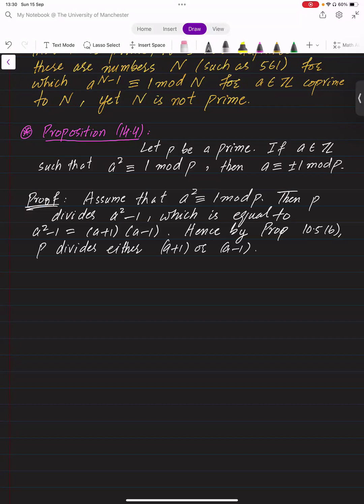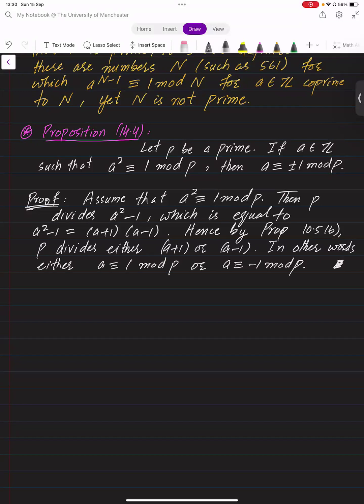In other words, either a is congruent to 1 mod p or a is congruent to minus 1 mod p, which is the proof of this proposition.